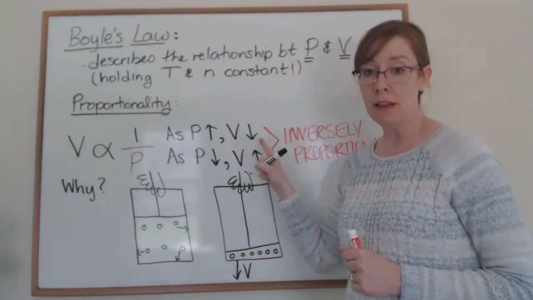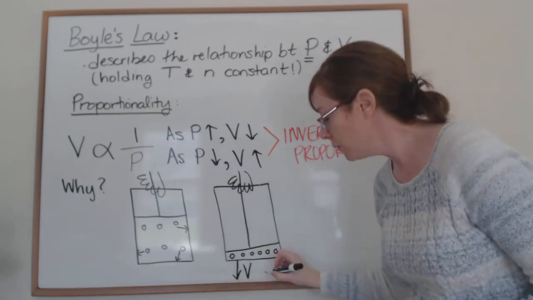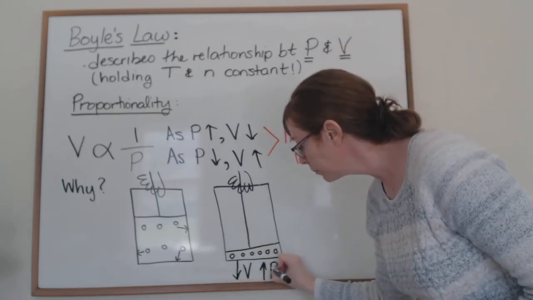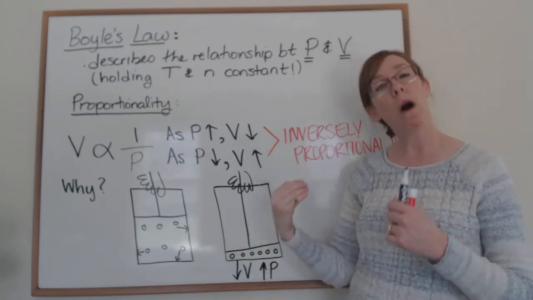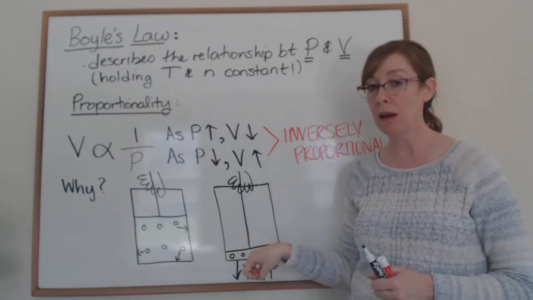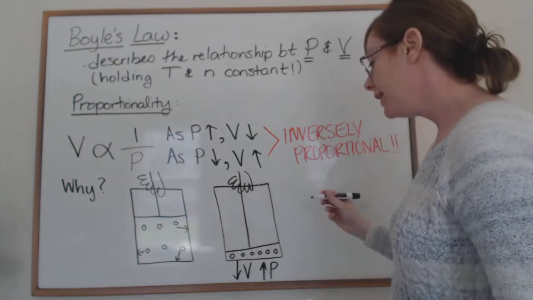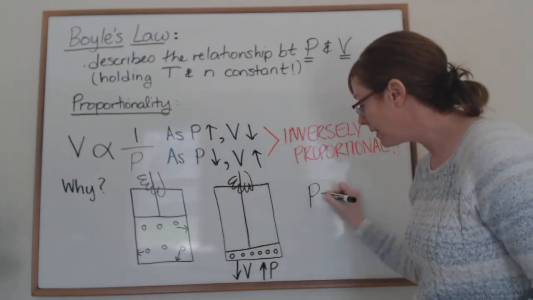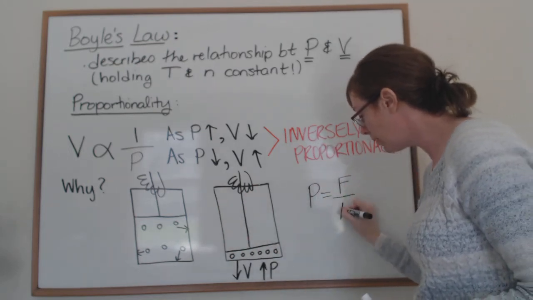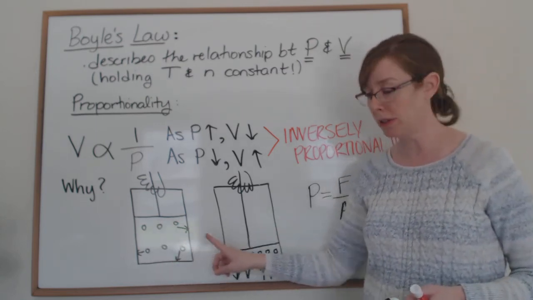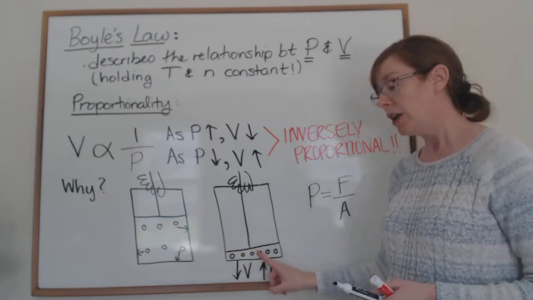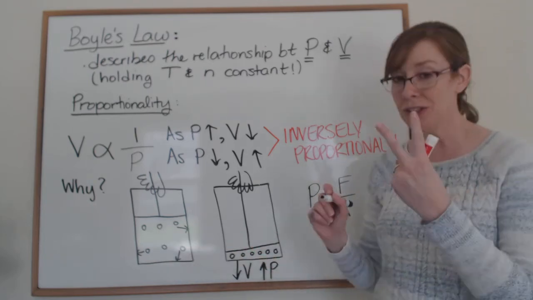Boyle discovered that if you decrease the volume, you are going to increase the pressure. We come at it already knowing that they're inversely proportional. Why is the pressure increased in this sample? The reason, hopefully coming back to what we talked about earlier, is that you still have the same number of particles. You have 6 particles over here, you have 6 particles over here. But there are 2 things going on.